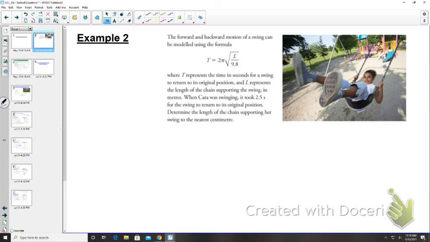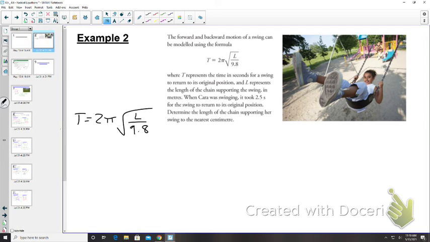Alright, so we get a word problem here. So we have somebody swinging on a swing. The forward and backward motion can be modeled using the formula T is equal to 2 pi times the square root of the length divided by 9.8, which is the acceleration due to gravity.